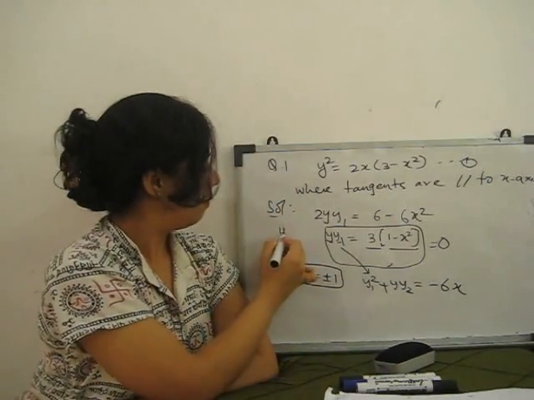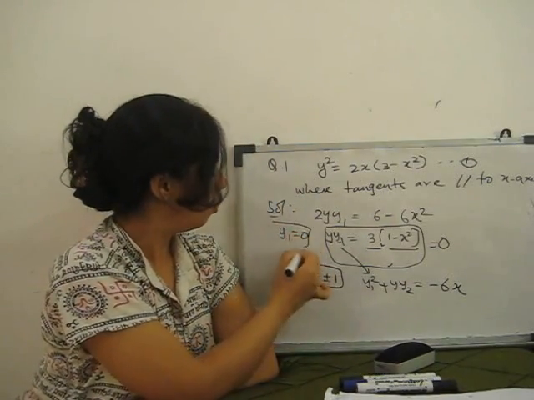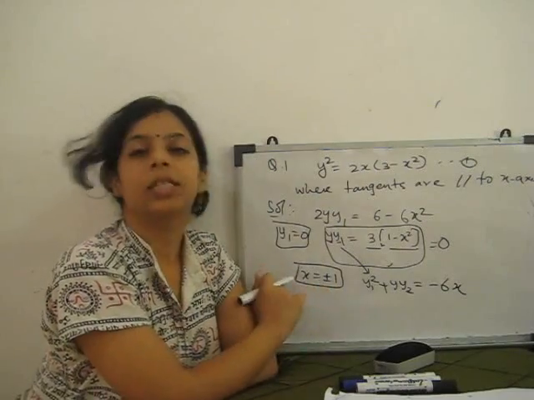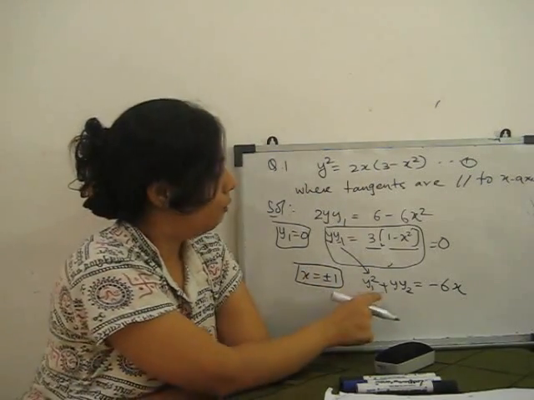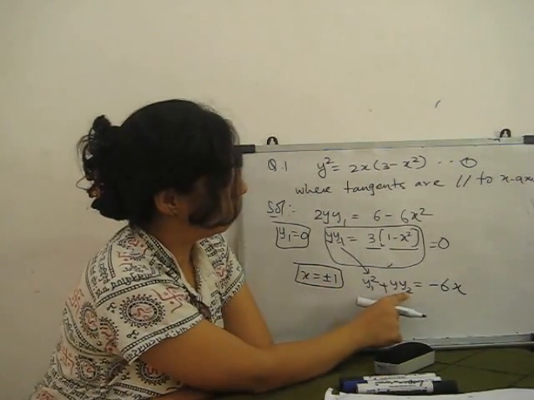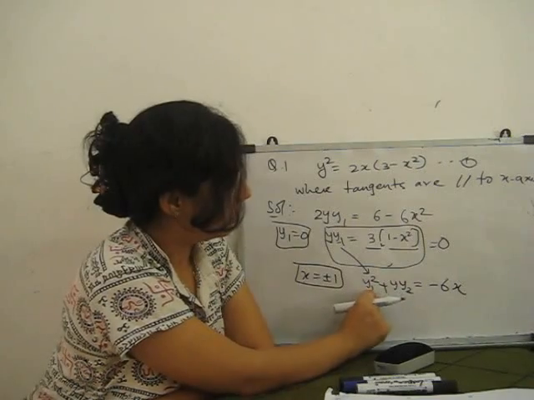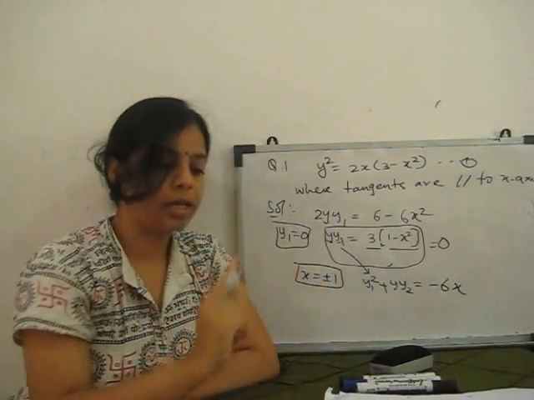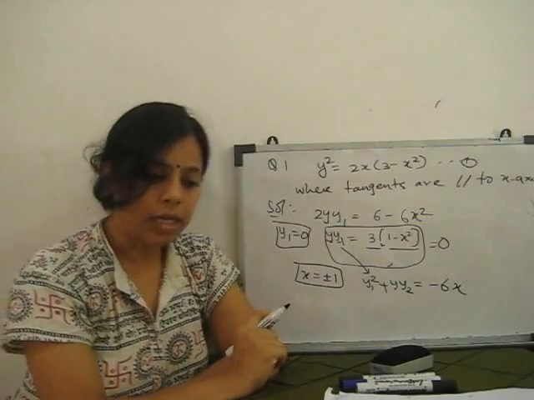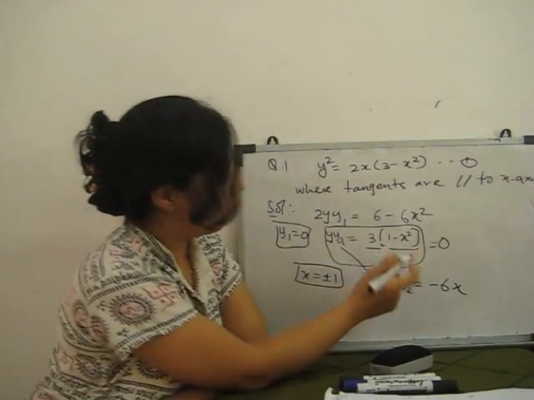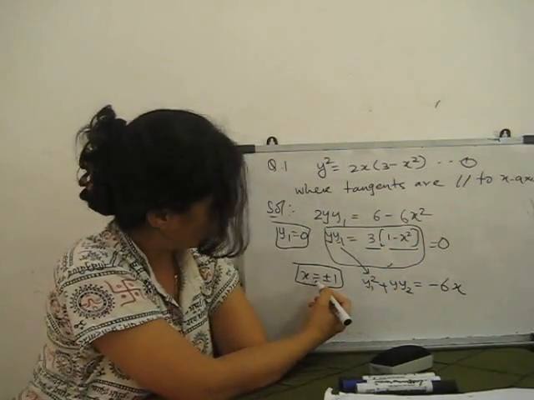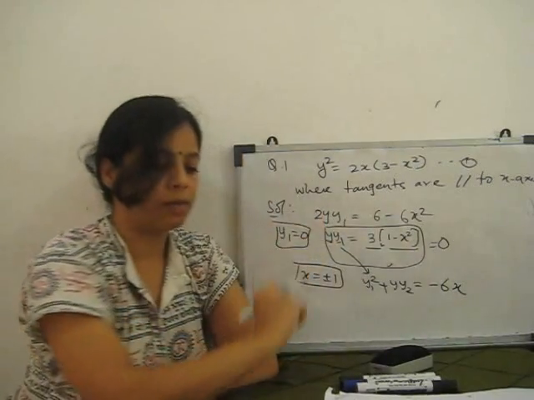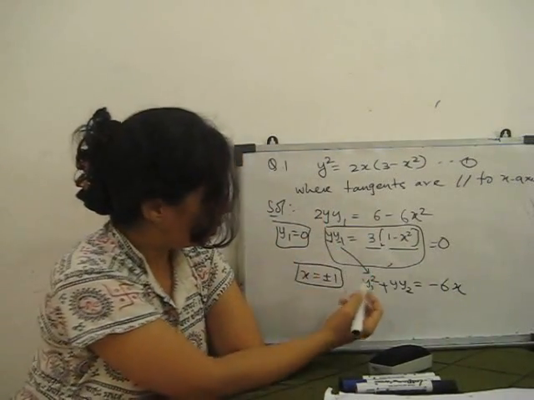Here y1 is 0, the point is x equal to plus minus 1, and y2 is this one. y1 is 0, then y2 is minus 6x divided by y. Clear? With the help of this, when we substitute x equal to this, we can find the value.